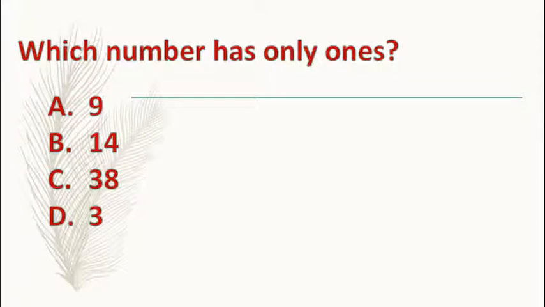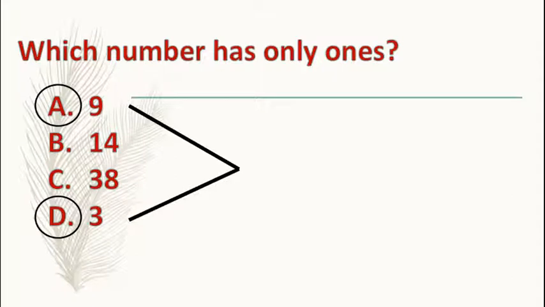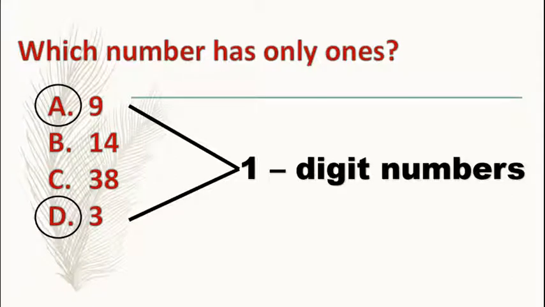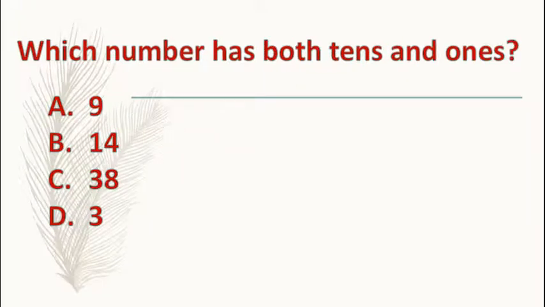Which of the following numbers has only ones? Very good. We have letter A and D. So we can say that 9 and 3 are numbers that have only ones because these are what we call one-digit numbers. Let's have the second question.